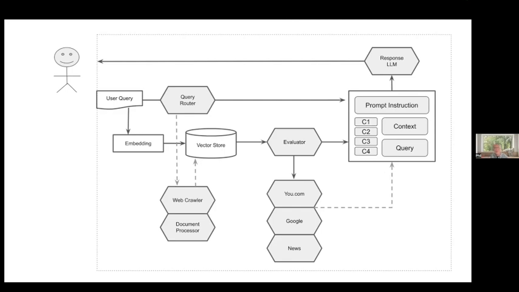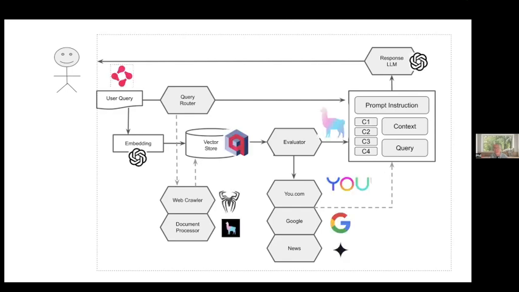So let's put up all the logos of the tech that we are using. The embedding could be any embedding. It just happens to be an easy one, the text3 embedding from OpenAI. Everything is stored in a Qdrant database. The web crawler is from spider.cloud.